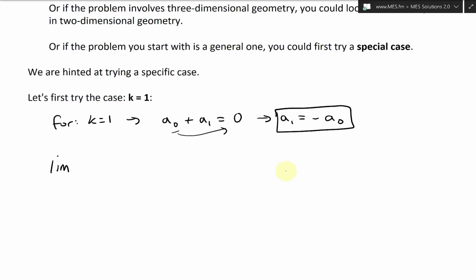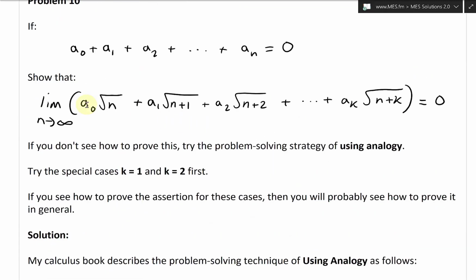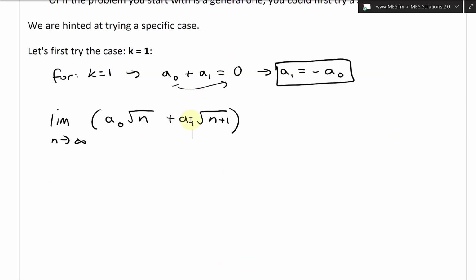So the limit as n approaches infinity of a0 times square root n plus a1 times square root n plus 1. And let's go back above here. So that is what we're asked. And so then you have a0 square root n, a1, and then square root n plus 1.